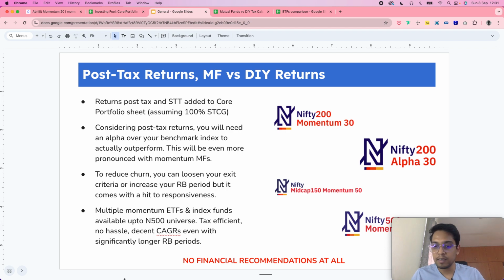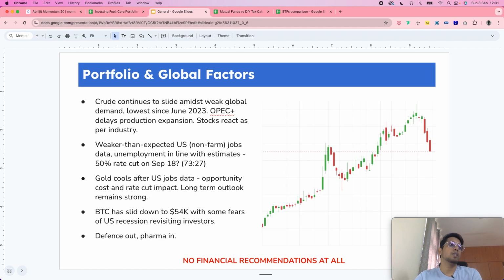If you want less hassle, you want to be very tax efficient, and these mutual funds are very tax efficient when the tax regime is higher, which is currently the case, and it might even go higher in the next few years, then you can just stick with momentum ETFs or index funds, and NSE will bring out a lot more of those in the coming years as well. More and more of these are getting created. Anyway, those are the final thoughts on this.